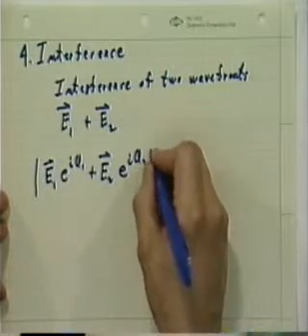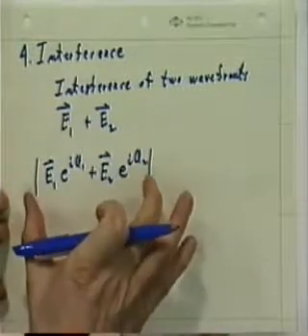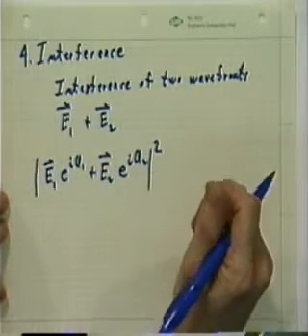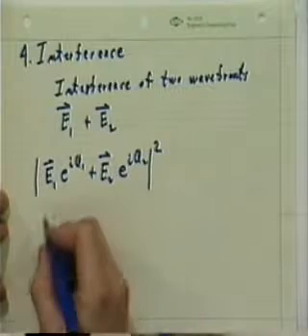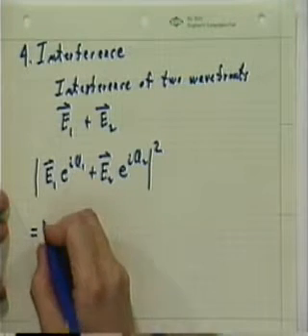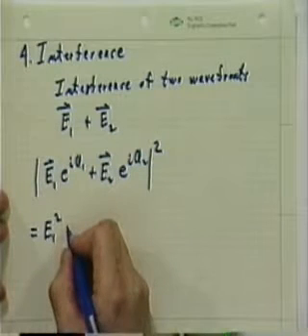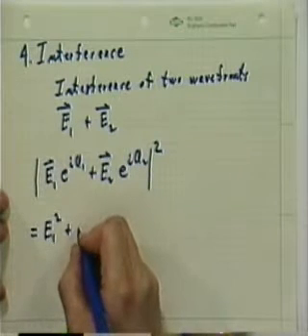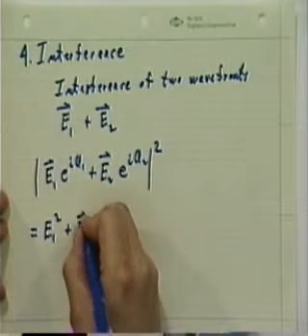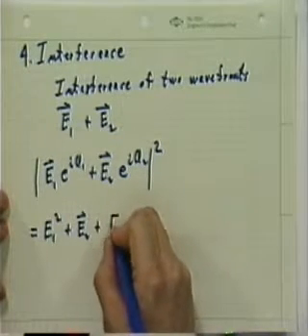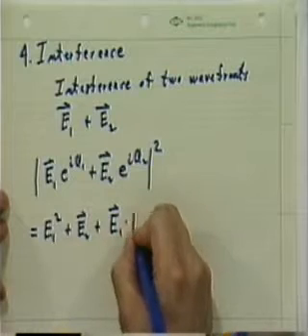And we're going to be interested in the irradiance, so we'll take the magnitude of this and square it. And so what we get here is E1 squared, and we're going to get an E2 squared, and then we're going to get the cross terms, which will be an E1 dot E2.